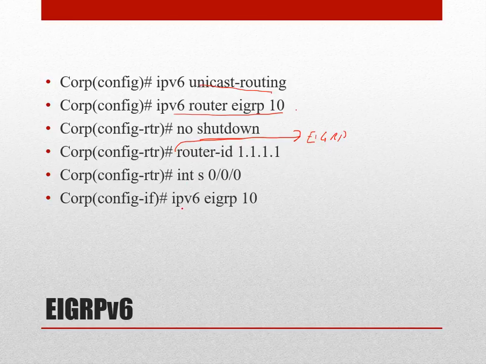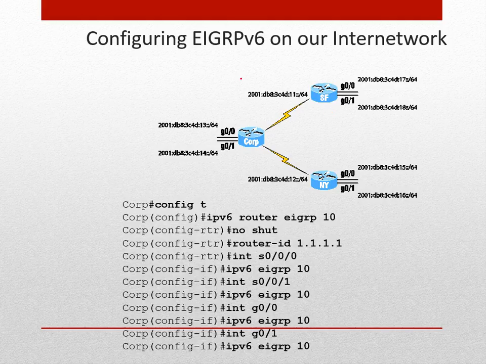And then you go to the interface, and once you're on the interface, you type ipv6 eigrp 10. So instead of up here like we did in IPv4 when we did router EIGRP and then we listed the networks, you go to each individual interface that you want EIGRP to run on and turn it on there. What this tells it to do is to advertise these networks. So we go to the interfaces, it advertises the networks and activates EIGRP on those interfaces.